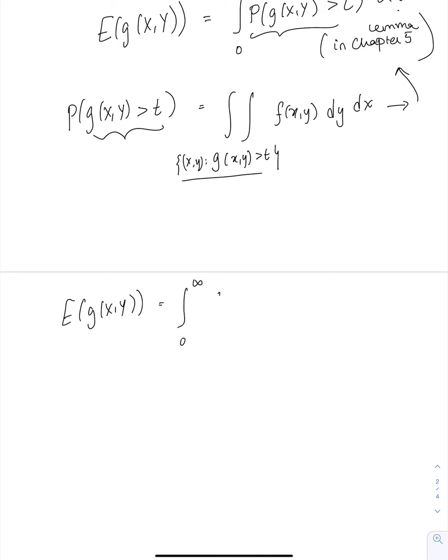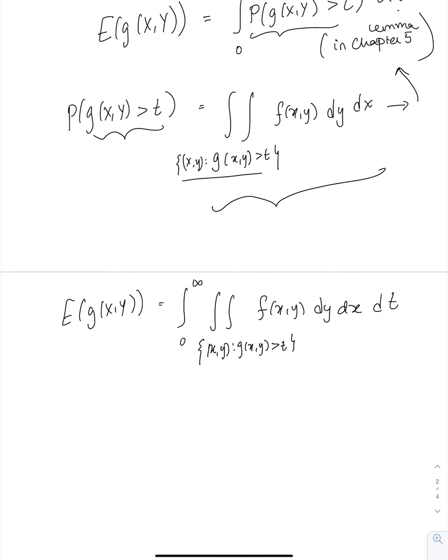So I'm going to now write down this double integral over the region x,y such that g of x,y is bigger than t, of f of x,y dy dx dt. All right, so all I did was plug this into the expectation of g of x,y from before.